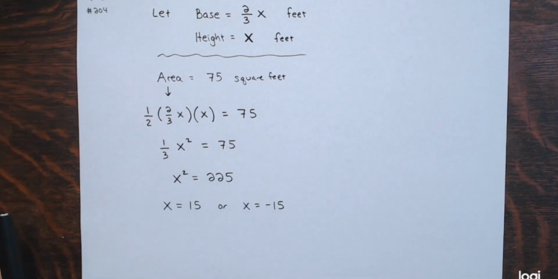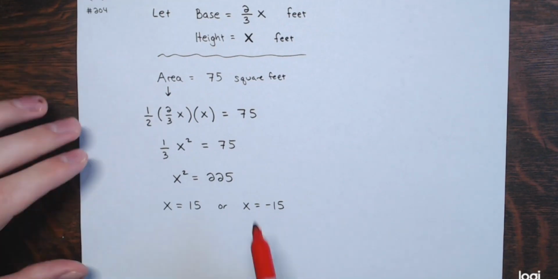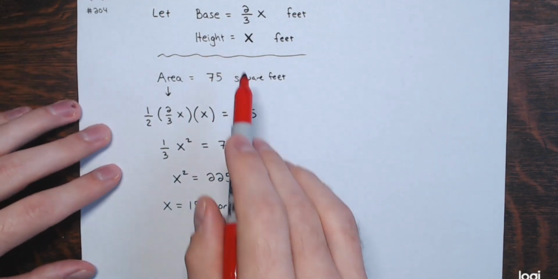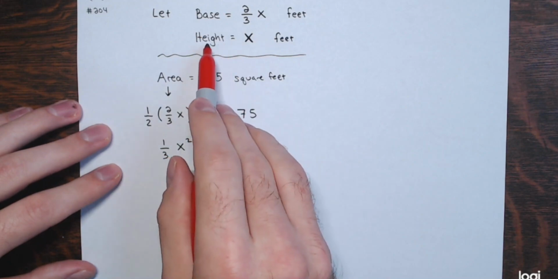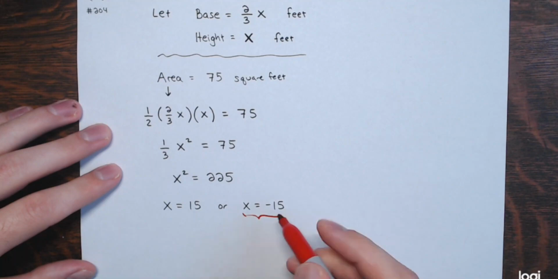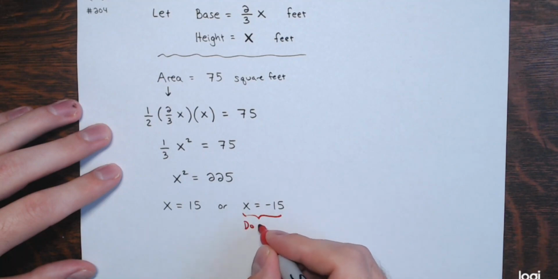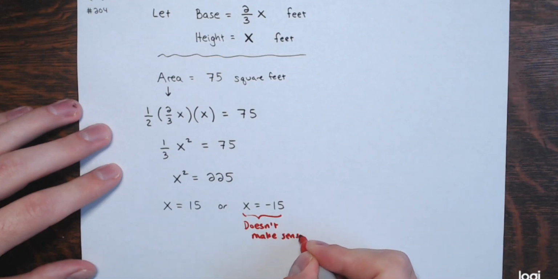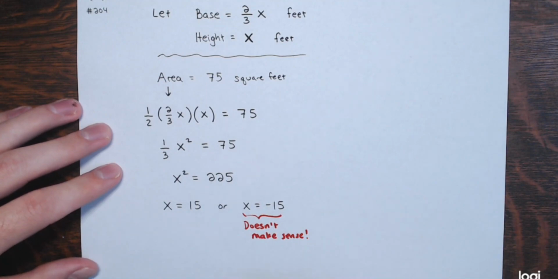But again, remember what these represent. x is the height of a triangle. This negative answer doesn't make sense in real life. You can't talk about having a negative height.